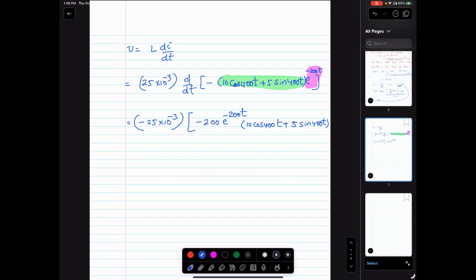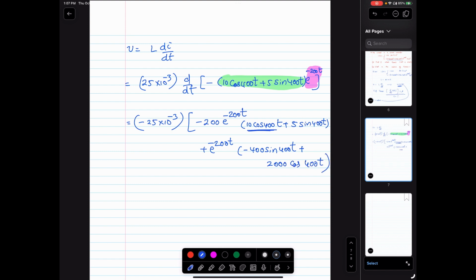Then we leave e to the negative 200t alone, and derive the other component, which is going to be minus 4000 sine 400t, the derivative of the cosine term, plus 2000 cosine 400t.